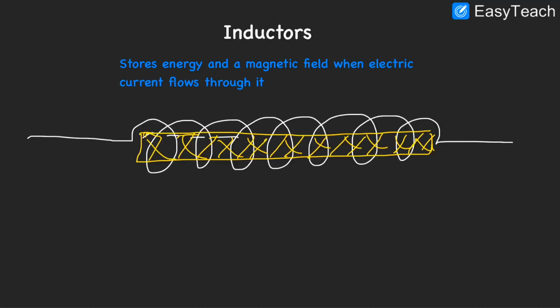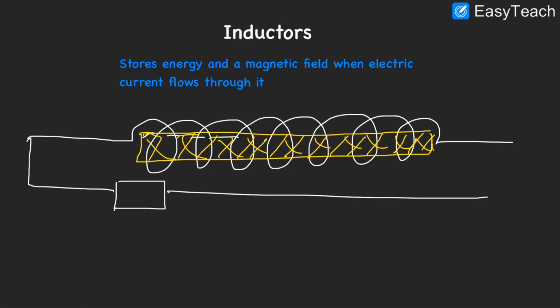So how does the inductor store energy? When you have current flowing in these turns, it's going to create a magnetic field, and that magnetic field is going to oppose the change in current. So if I hook this up to, I'm just going to draw a box right here for explaining this, a source, and this source has varying current that varies with time.